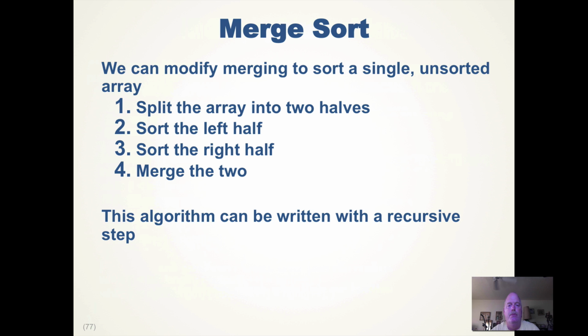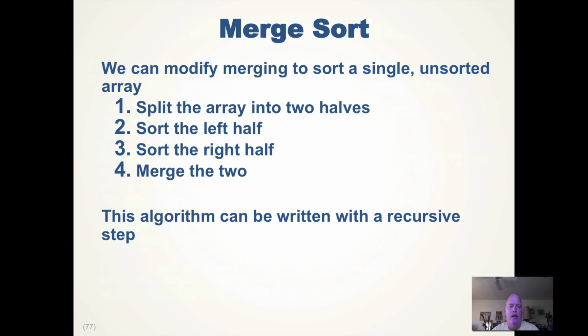So we can use the merge concept to sort an unsorted array. We split that array into two halves, and then we sort the left side and sort the right side, and then we merge the resulting sorted halves back together, and the merge will continue to sort.